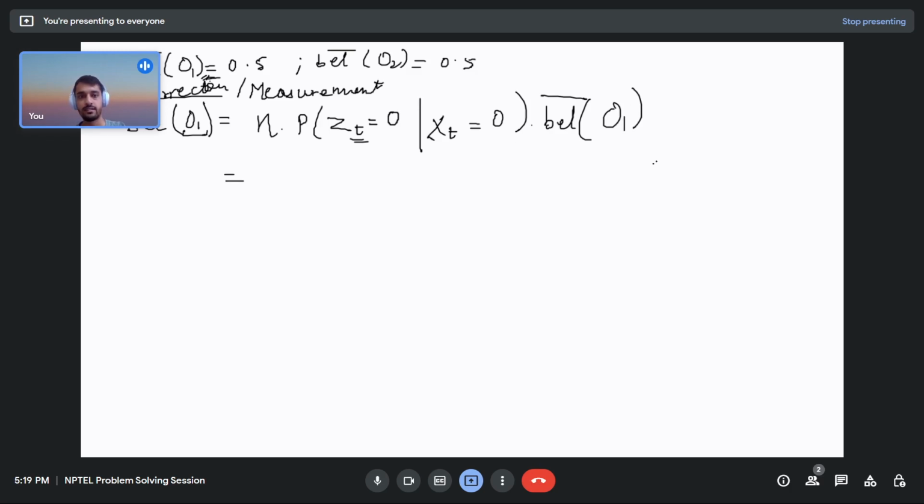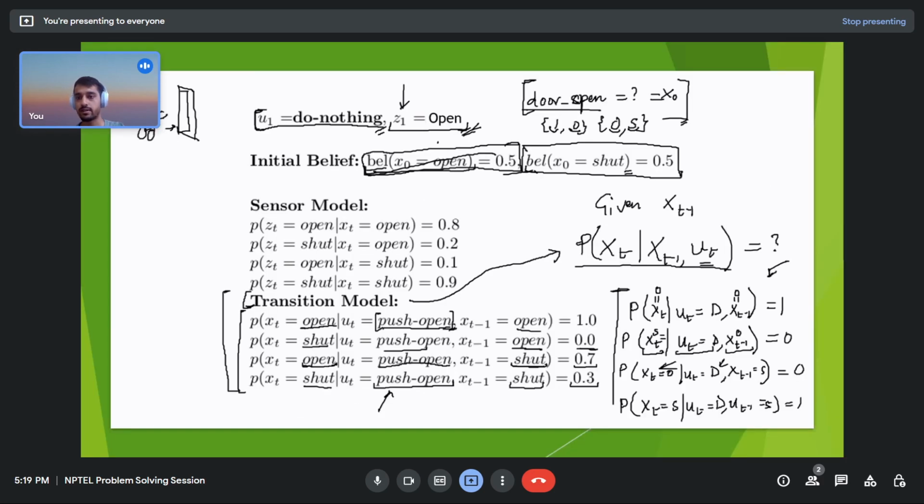If we had predicted that it was open, what is the probability that the sensor actually reports that it was open? And this eta is a scaling parameter; basically 1 over eta is the total probability, which we'll calculate afterwards. So eta times the probability that it reports open when you have predicted open, which is 0.8.